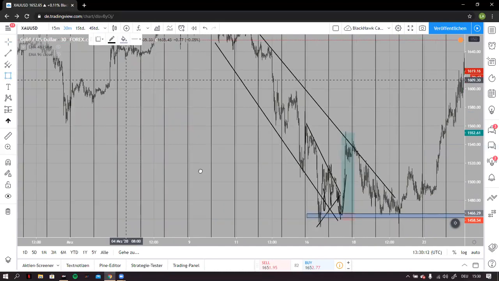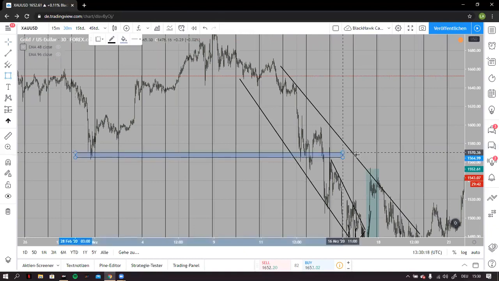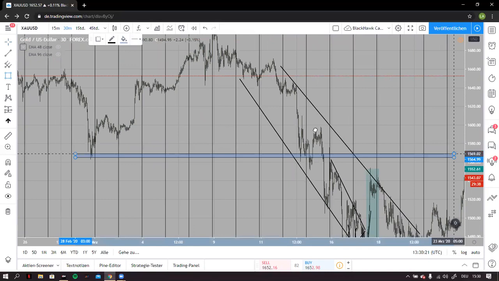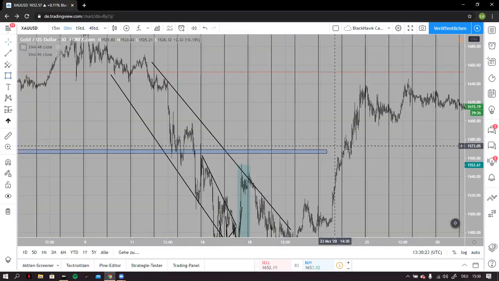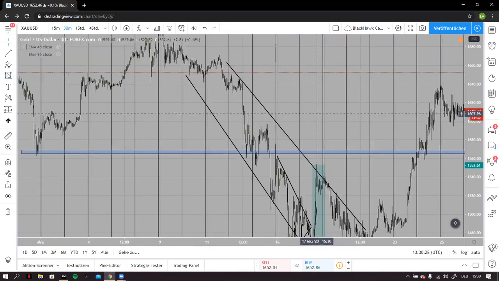Let's move out and let's see. We are looking for liquidity zones or trap zones. So the liquidity zone always becomes a trap zone once this area is hit and worked. So let's see.